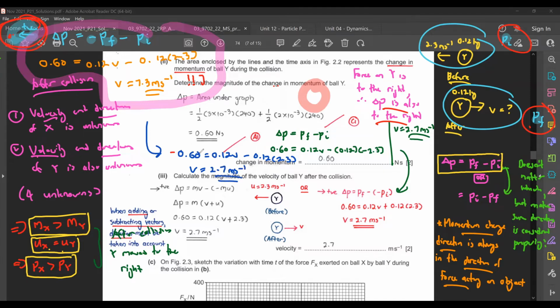So you're going to get the correct answer now just by putting in the negative. So you need to be a bit careful sometimes when it comes to the momentum change.